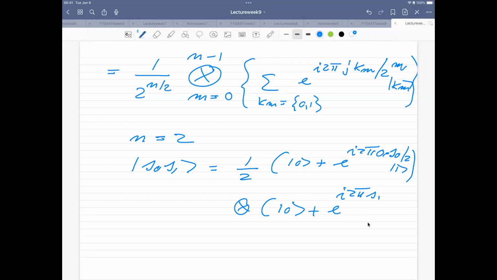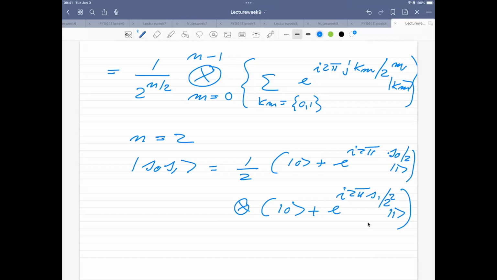So there's one index which is wrong. Now that's J0, that was the wrong one. It should be just π times J0. And this is 2i, 2π, J1, and this is divided by 2 to the power of 2. That's the way it should look.